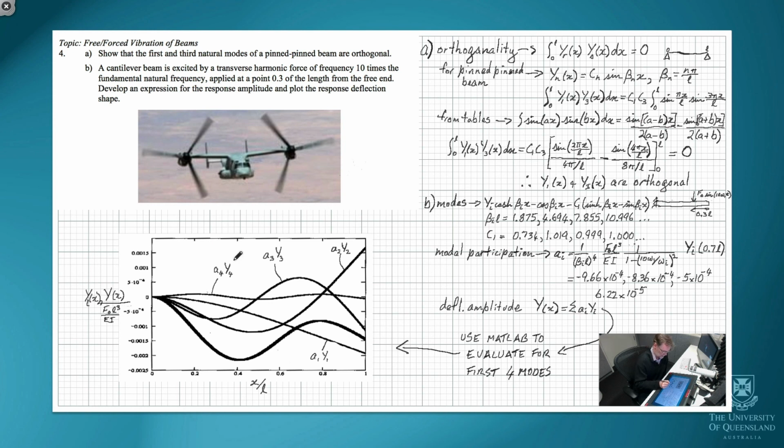And all these add up to give us our y of x, which is the summation of all of them. So you can see evidence of sort of a third mode, which is distorted upwards, perhaps due to the second mode, and the first mode shape.